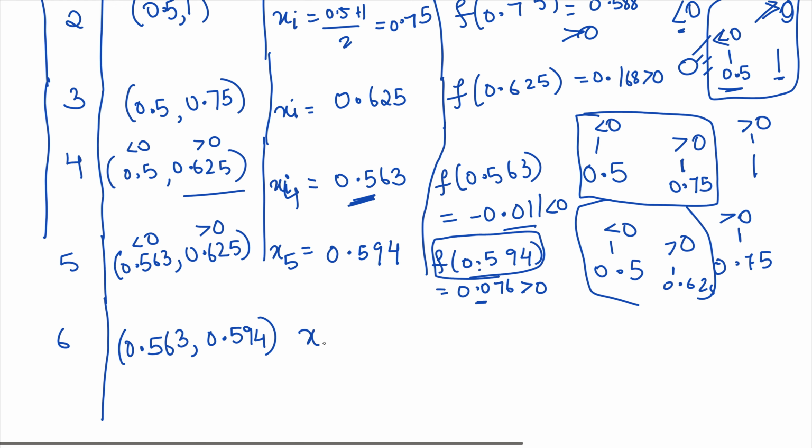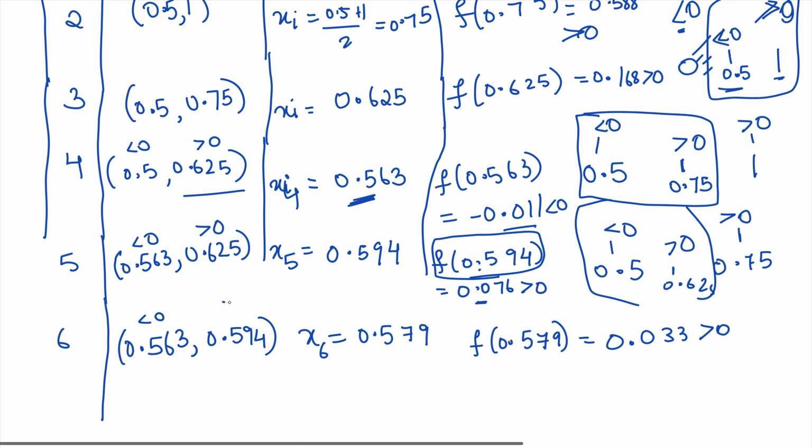And what would be our x6? 0.563 plus 0.594 divided by 2. So x6 would be 0.579. Now what is f of 0.579? f of 0.579 is 0.033, which is again greater than 0.